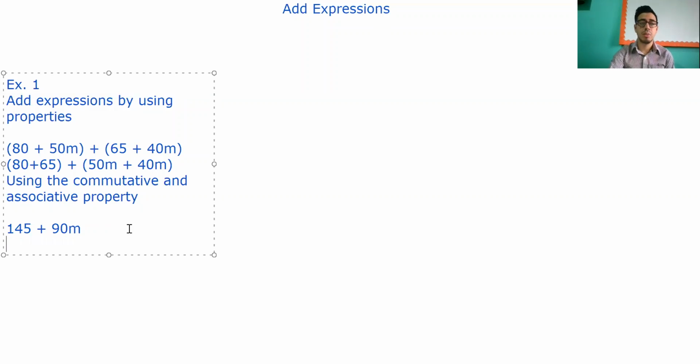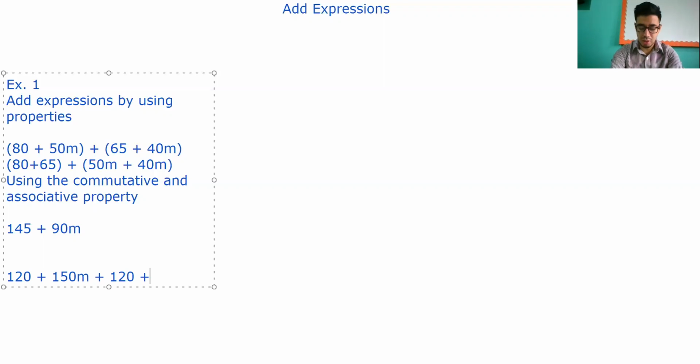So how can I solve the other one? In the same way, they give you the expressions. Sophia's deposits: 120 plus 150M, and they give you that M is the number of months, plus all his deposits, 120 plus 135M.